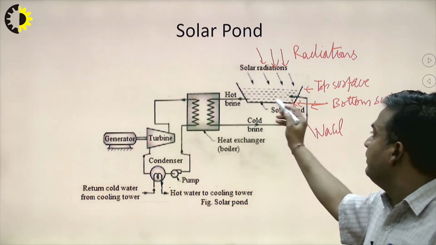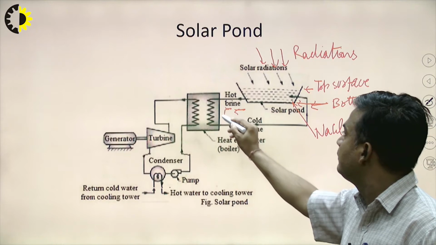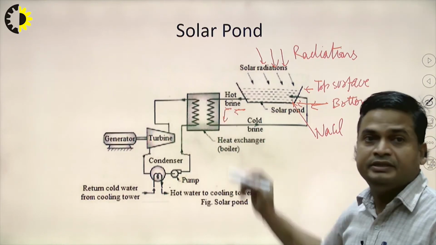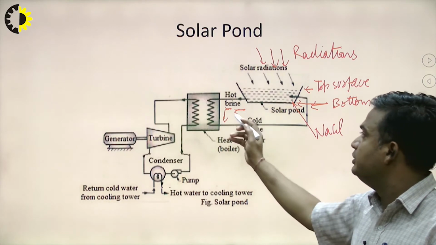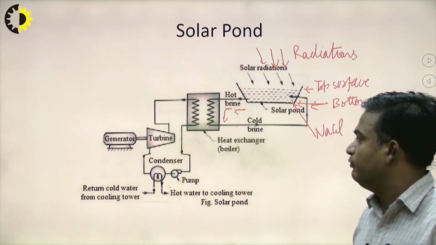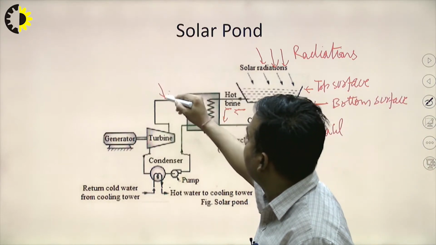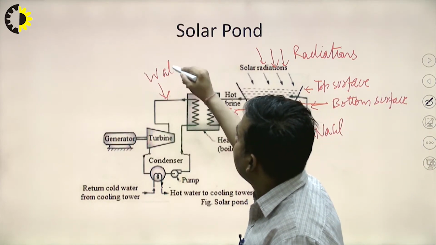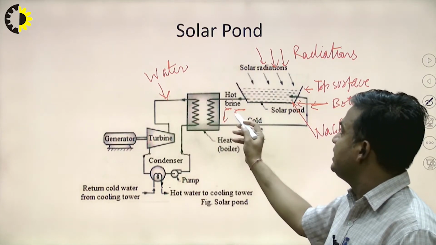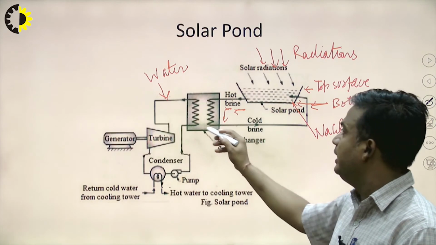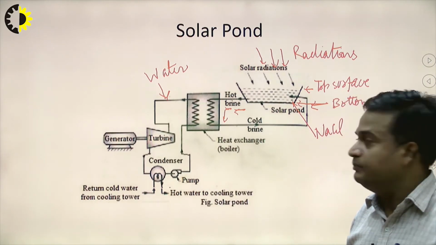Now this hot brine flows through this path to a heat exchanger. The heat exchanger transfers the energy of the hot brine to the working fluid. Here we are using water as the working fluid. This water takes the energy of the hot brine and gets evaporated, converted into steam.